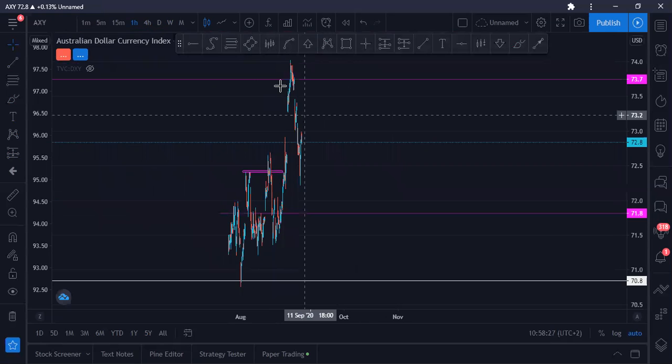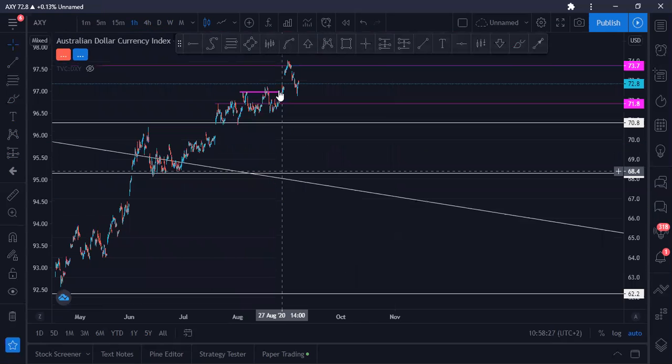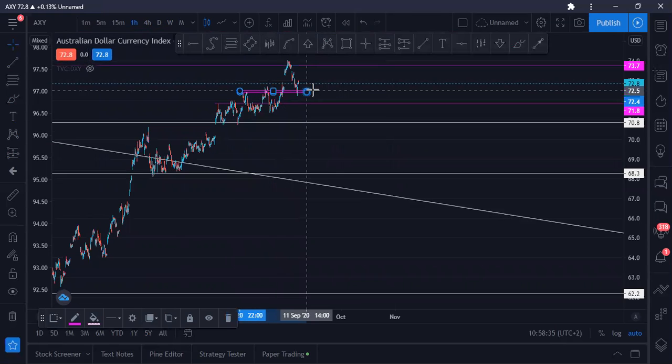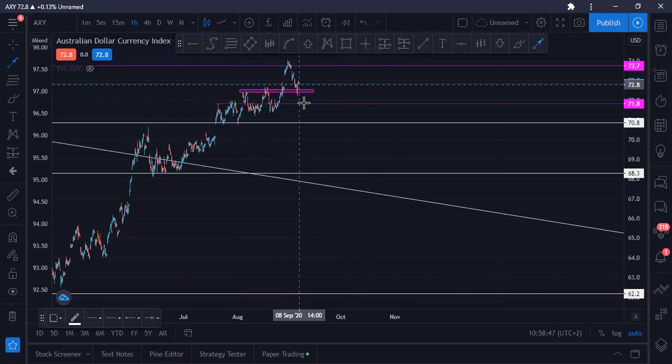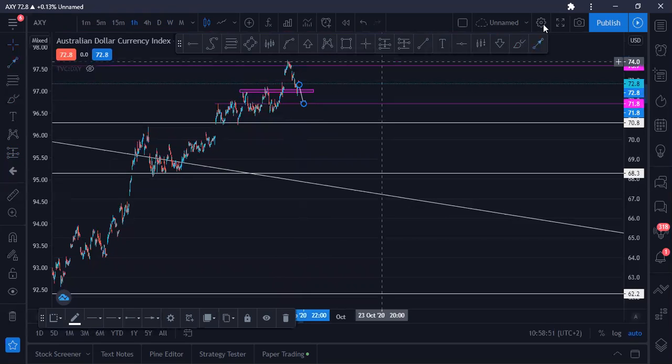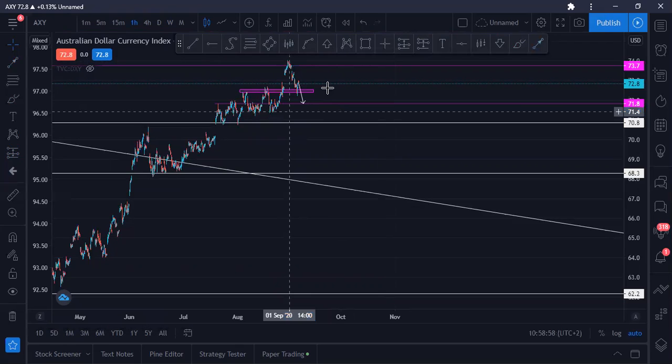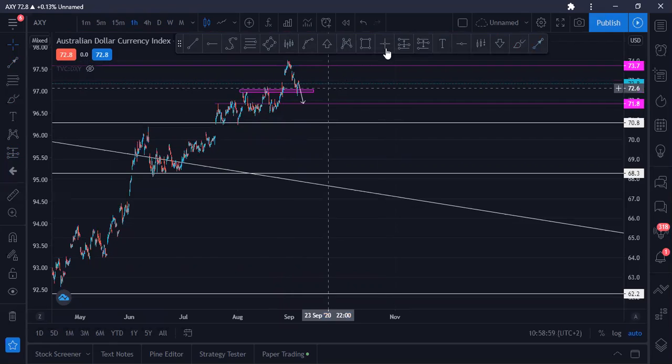Okay, we're seeing a little something happening here. This area is being respected. What I feel could possibly happen is that we could actually go below and maybe contest this zone that we have here, and only then we look for buying opportunities. You guys can see we kind of have this trend line intact here.